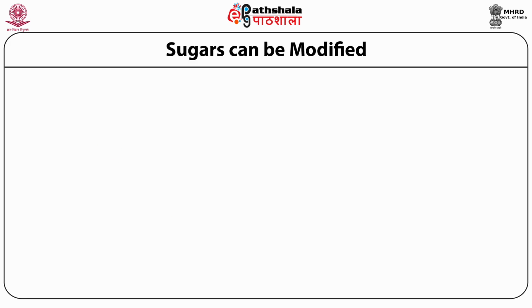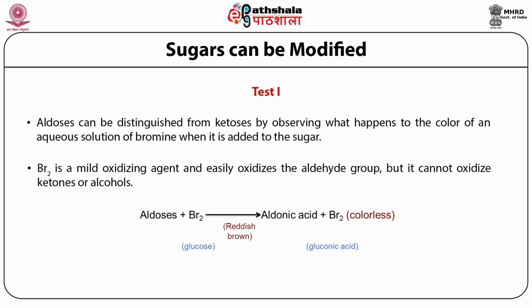So now let's have a look at a series of reactions that can be used in laboratory conditions to quantitate sugar in an aqueous solution. Some of these reactions are also important because they can distinguish between aldoses and ketoses. One very simple reaction that is used to distinguish an aldose from a ketose makes use of an aqueous solution of bromine.